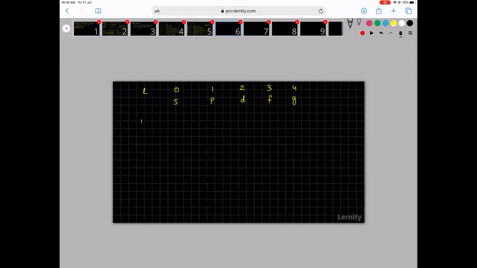Now you have principal quantum number 1. That means you are talking about the K shell. So in the K shell, you have only the S subshell. You don't have any more subshells. Then you have n is equal to 2. In the L, you have the S subshell and you have the P subshell. So in n is equal to 1, you don't have a P subshell.